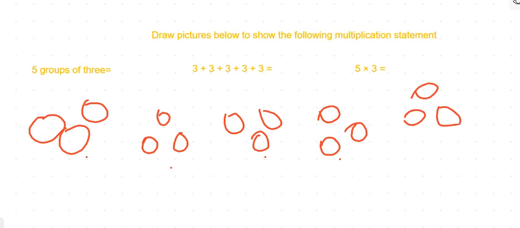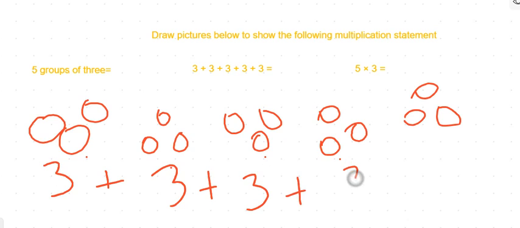So five groups with three. So we have three plus three plus three plus three plus three. 3 plus 3 is 6, plus 3 is 9, plus 3 is 12, plus 3 is 15.